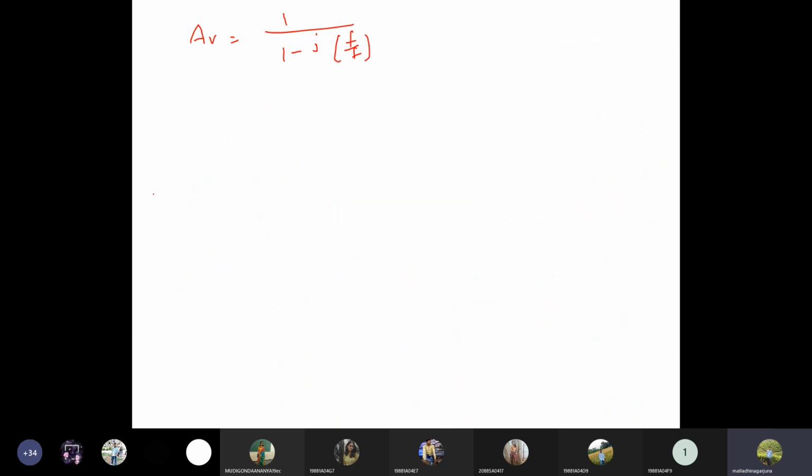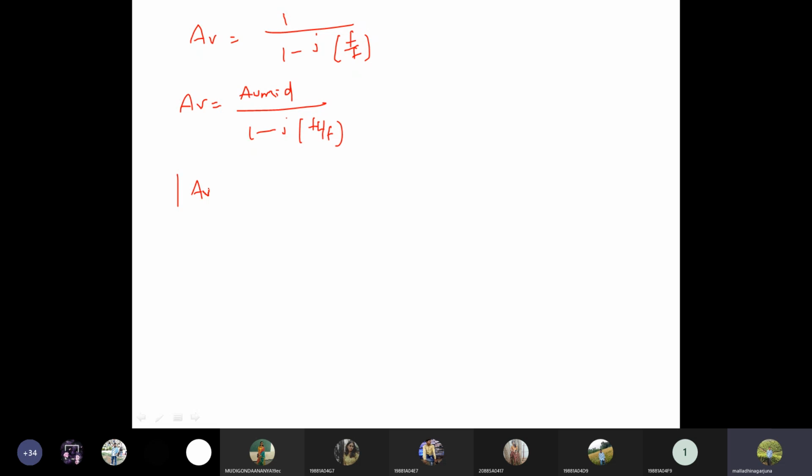So I can rewrite the equation: Av equals Av mid divided by 1 minus j into FL by f. Av mid is the midband gain of the CE amplifier.